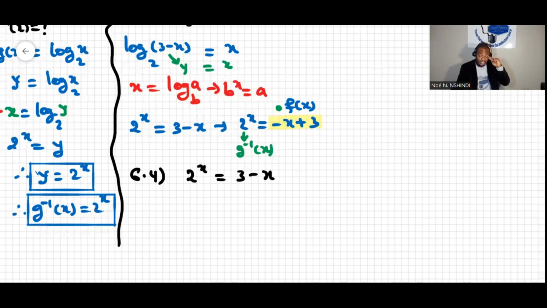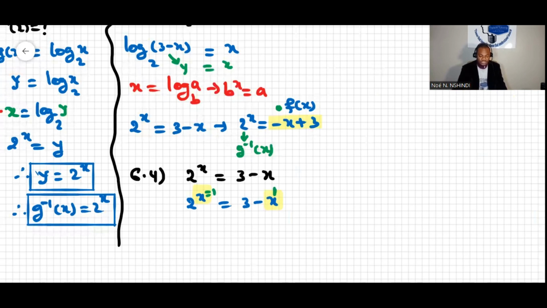I don't see how I can calculate it, but it's easier to see that x has the value of 1, because if x is equal to 1, you have 2 on this side, and if it's 1, you also have 2 on that side.